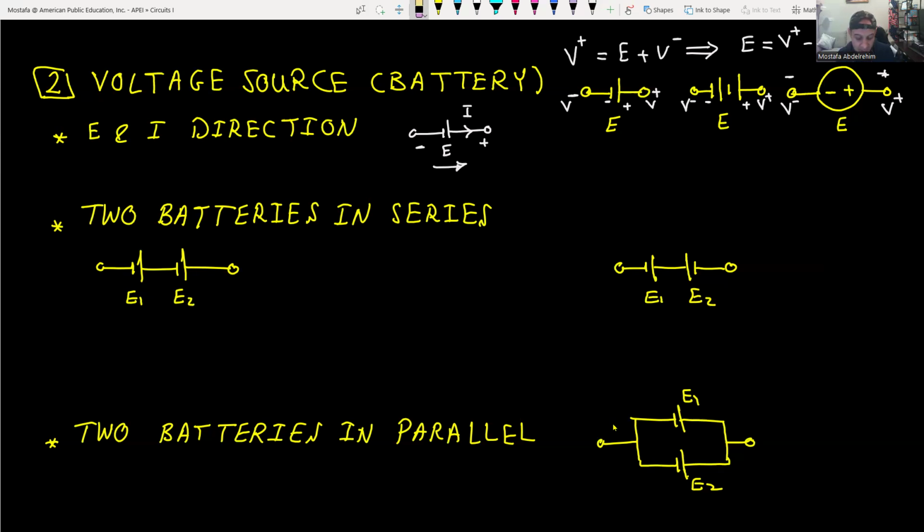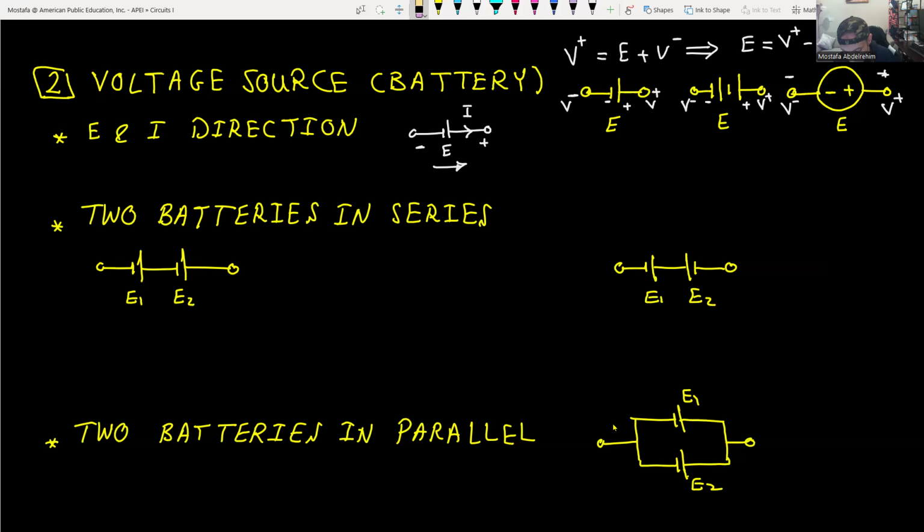Good. Now, you might find two batteries in series in an electric circuit. That's very fine. It means we want to give more voltage or less voltage, based on the case, to our load, like a resistance, for example.